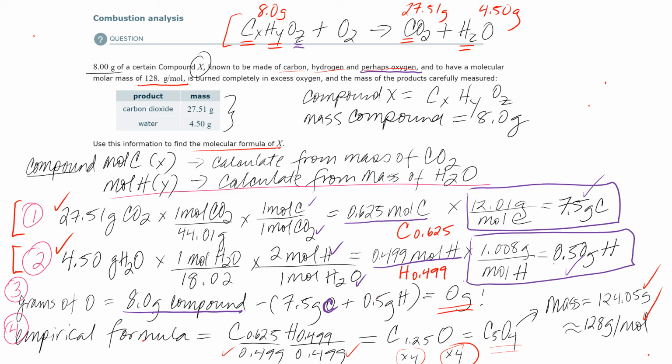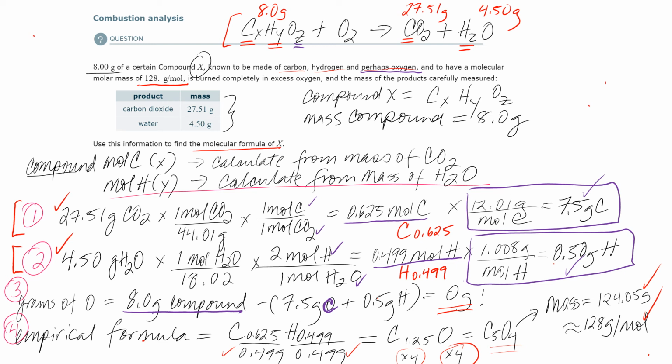The answer is C5H4. Now, just to review a few of the concepts here, we took grams of CO2, we converted to moles of CO2, and that gave us moles of carbon. That was step 1. The moles of carbon in CO2 are going to be equal to the moles of carbon in our unknown compound.